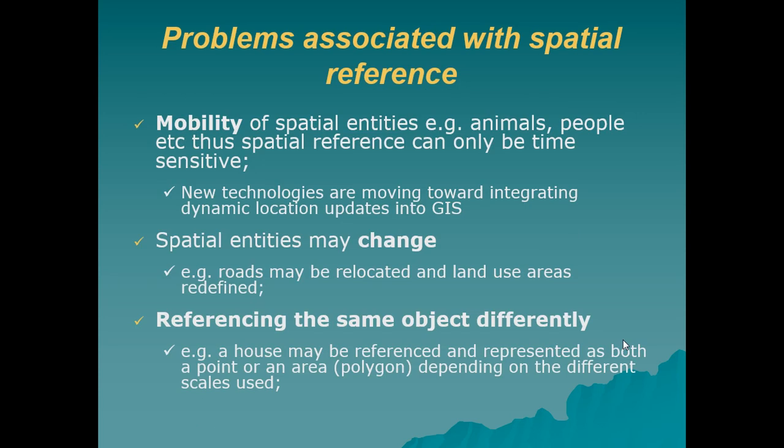So what are some of the problems associated with spatial referencing systems? In other words, remember, referencing systems allow us to locate an object on the Earth's surface. The problem essentially is with the characteristic of mobility of some spatial features.